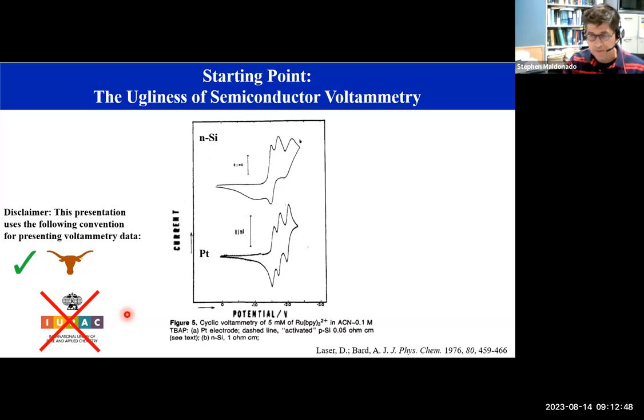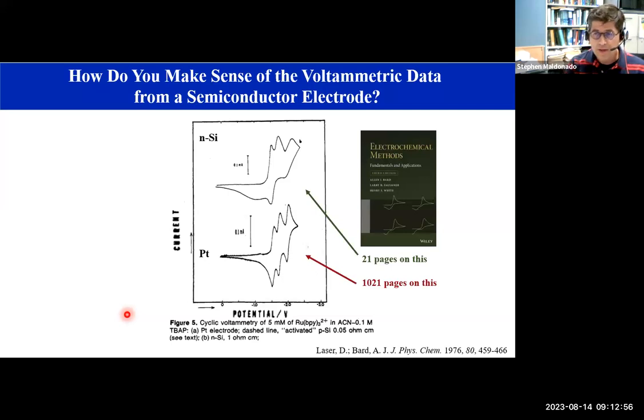Okay, the problem with these data that you can get with a semiconductor electrode is that they're ridiculously easy to obtain. But interpreting that data relative to the metal electrode is incredibly complex. For a metal electrode, there have been books and thousands of papers written on how to interpret and understand all the nuances and the details of charge transfer between Ru(bpy) and platinum, a molecule and a metal electrode.